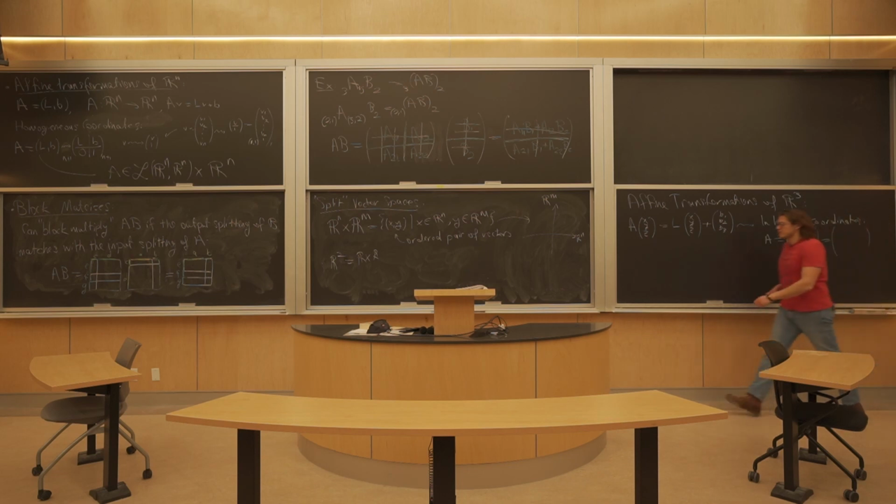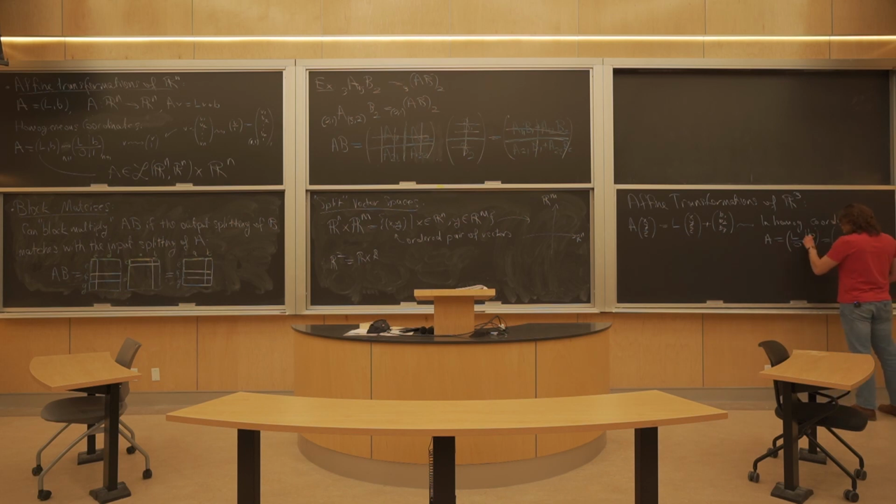So I have a 3x3 block coming from here. This partitioning corresponds to this partitioning.